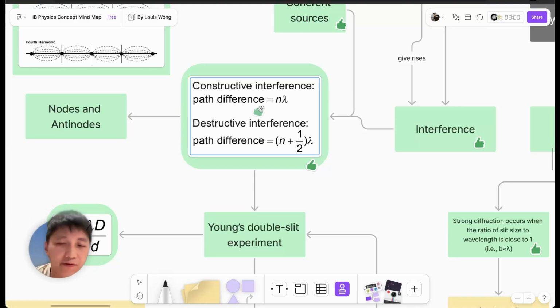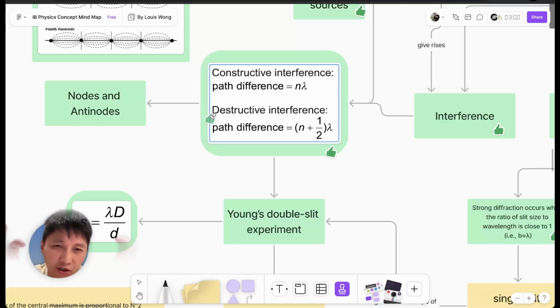While destructive is when the path difference is equal to 0.5 lambda, 1.5 lambda, 2.5 lambda, and so on. Path difference is really just the difference in distance from the two sources to a point: source 1 to the observer, and source 2 to the observer. Go and check out the practices if you are not sure what I mean.